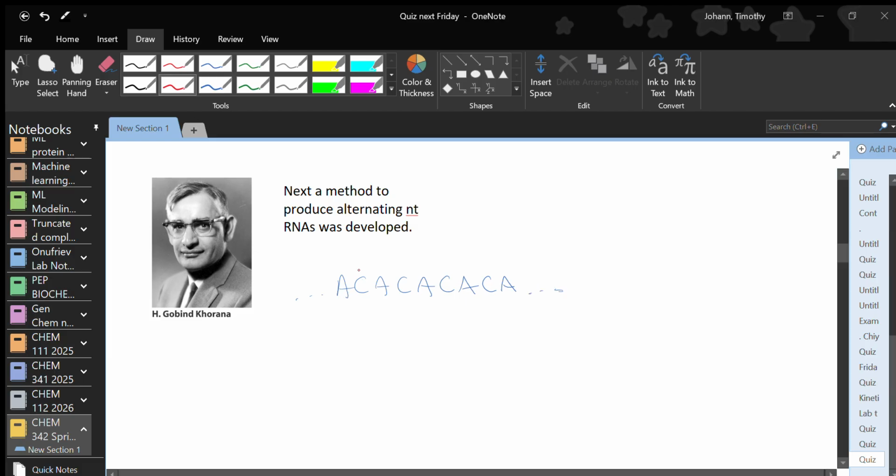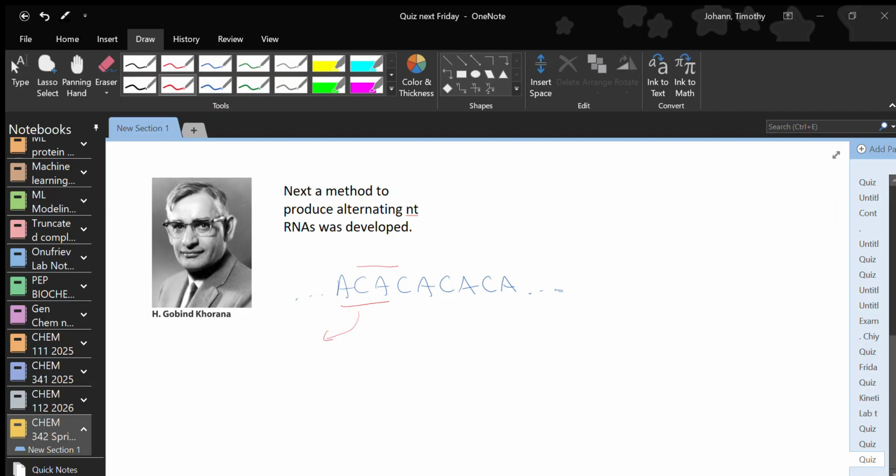Which codons do we have here? We have ACA and we have CAC, right? Okay, and they're present in 50% each, right? Because ACA, CAC, that's all you get. It's not percentages here.